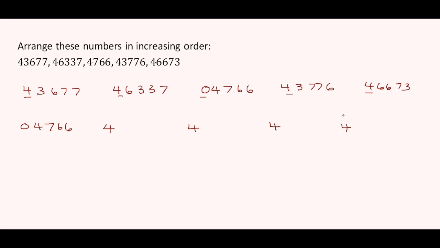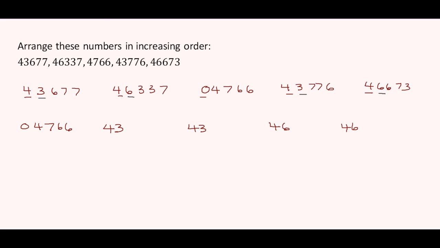Now with the 4s, we're going to look at the second digit. We have a 3 here, a 6 here, a 3 here, and then a 6. So we write our 3s first, and then our 6s come next.